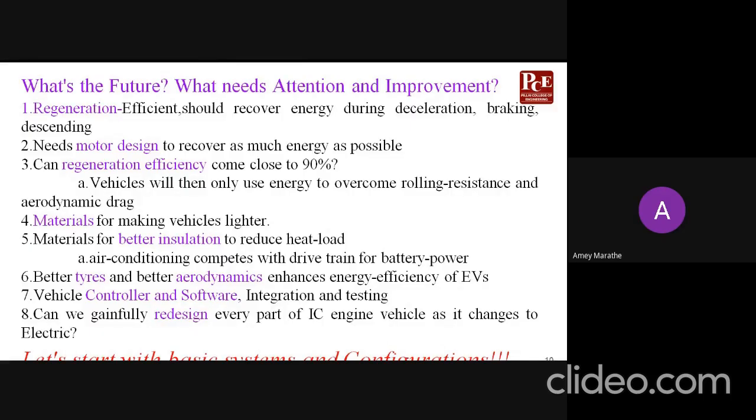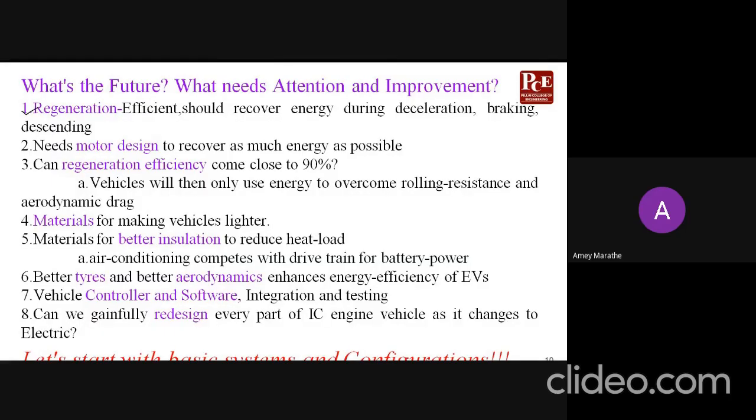Guys, please remember that no system is fully viable. If we talk about EV, we have a regeneration system in EV. The efficiency of that regeneration is only 30%. So can we improve the regeneration efficiency? That is the question.